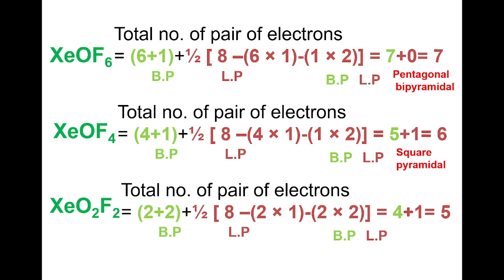So finally we'll get 4 bond pairs, 1 lone pair of electrons, total 5. The shape will be seesaw.